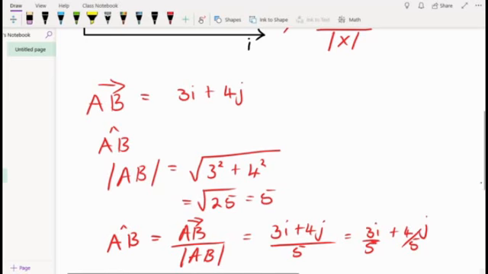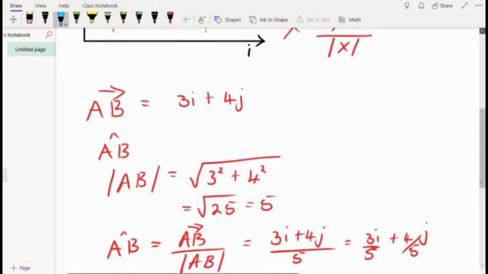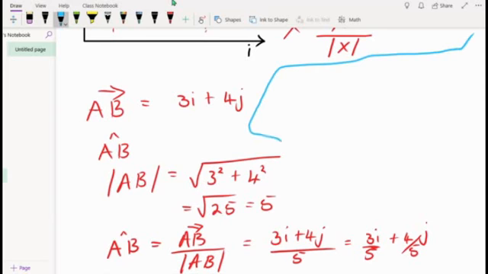There is something very interesting that I need to talk about as far as unit vector is concerned. Looking at this example or any other example that you come across, the magnitude of a unit vector is always equal to 1. If you find the magnitude of a unit vector, this vector A, you always get 1.